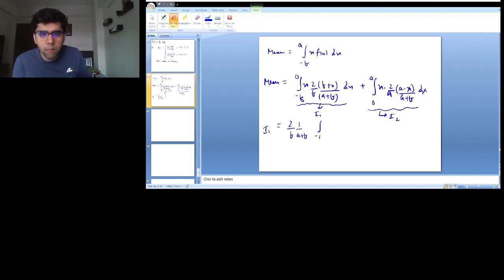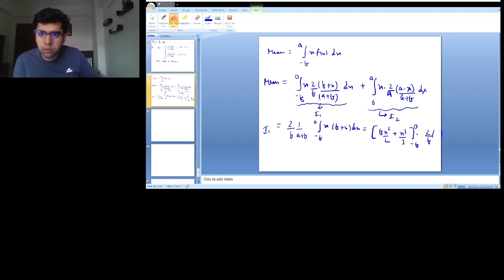So solving this integral, I1 first: 2 upon b, 1 upon (a plus b), and this gives me the integral from minus b to 0 of x times (b plus x) dx, right? Solving this, bx becomes bx square by 2, and x square becomes x cube by 3, and my limits are minus b to 0. Again we need to multiply this by 2 upon b, 1 upon (a plus b).